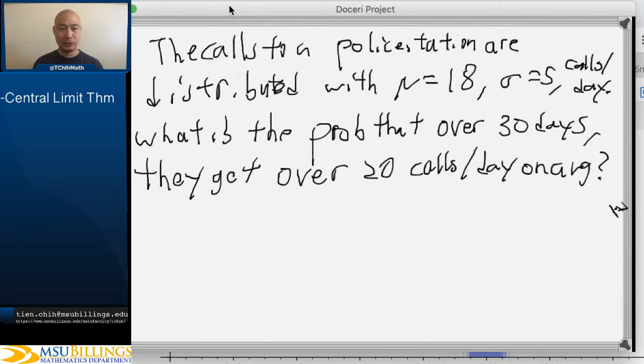Let me tell you right off the bat, the probability is going to be really small. The reason is that, on average, this station only gets 18 calls per day. I don't know the shape of the distribution, so I have no idea how to compute for one day the probability that they get over 20 calls.